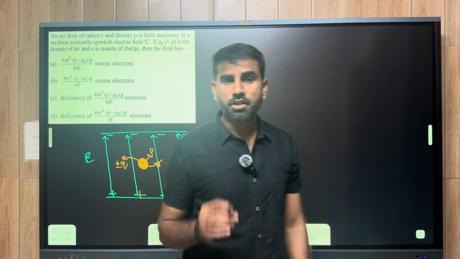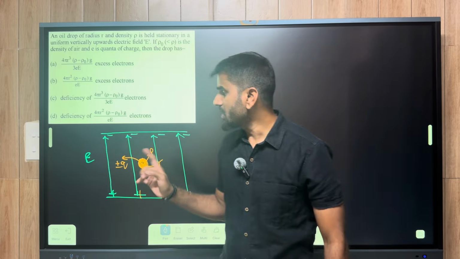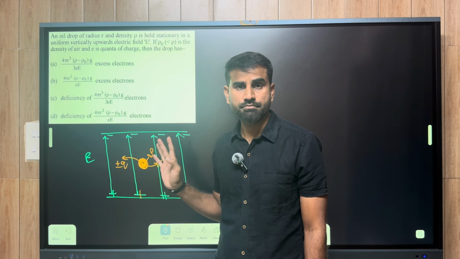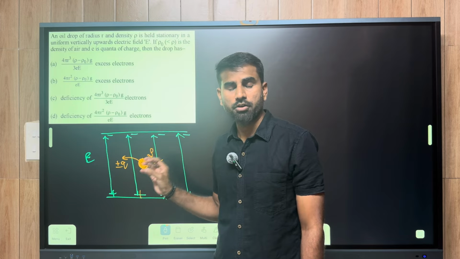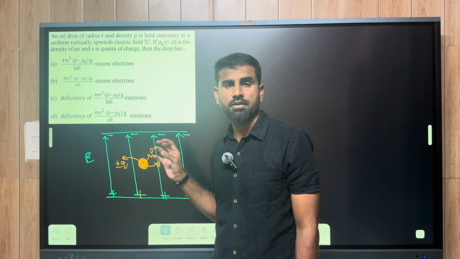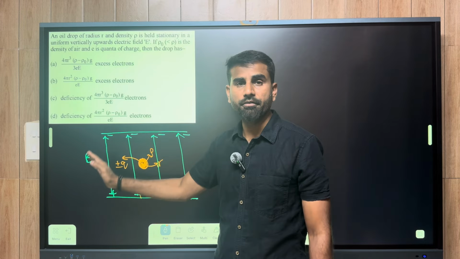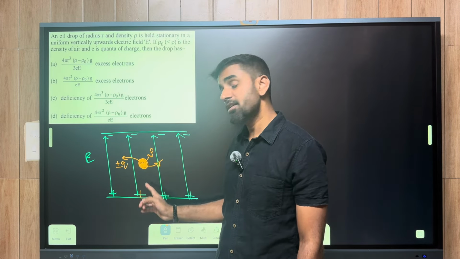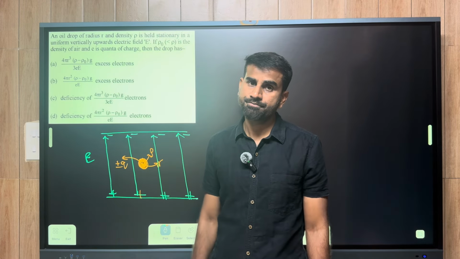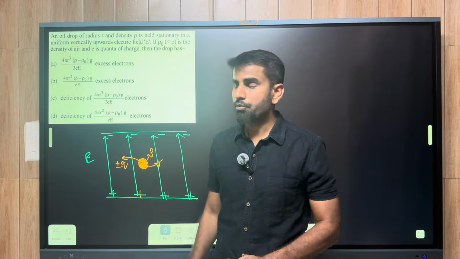I'm going to give the statement again. We have identified the weight of the object, because the oil drop has a certain amount of mass and it will experience weight. There exists a fluid, air, so there is buoyancy force upwards.